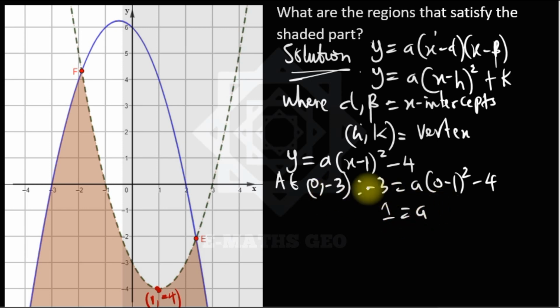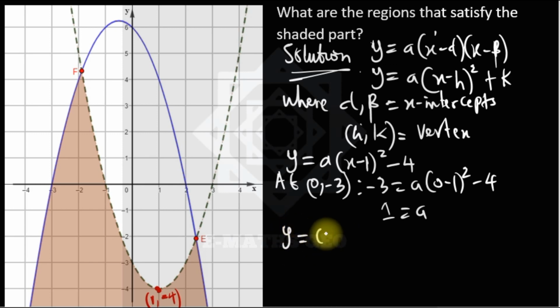So our a for the dotted curve is 1, which is correct because this is concave up. Concave up, the coefficient of x squared is always positive. A is positive.